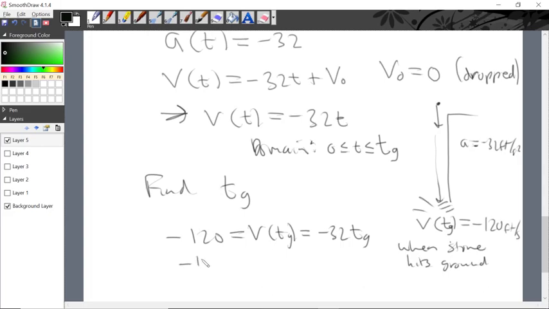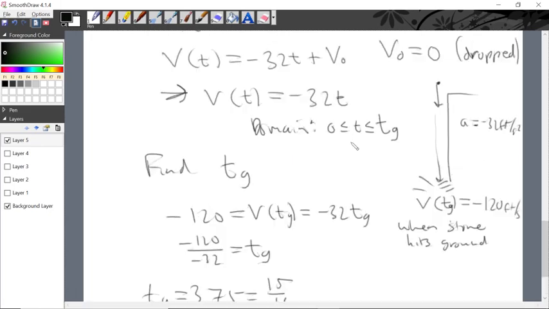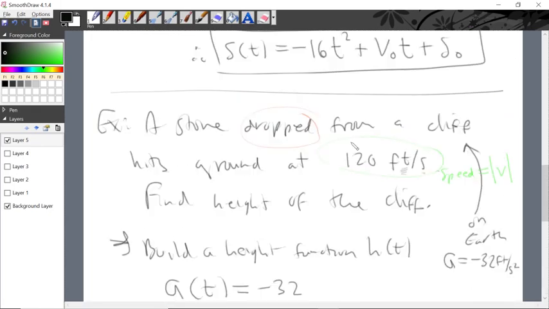So negative 120 divided by negative 32 is equal to the time when it hit the ground. Tg is equal to what? 3.75 or 15 over 4. So that's the time that it hit the ground, and that's important information.